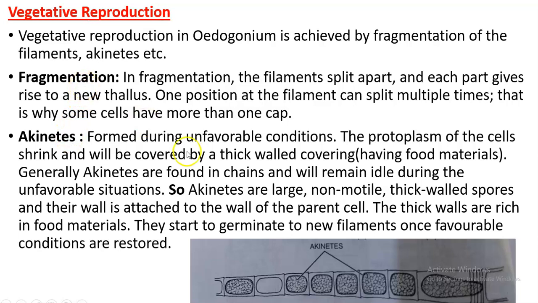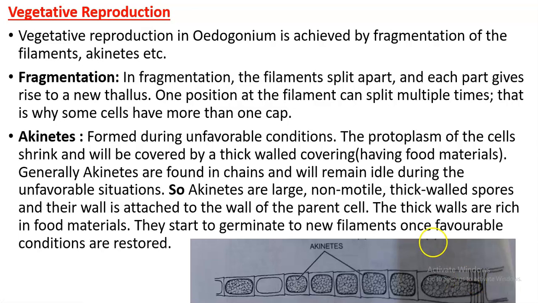Fragmentation means what? From the cap area, imagine, this is a cap. From this cap area junction, one particular cell gets fragmented and split apart from the main filament body, and that fragment will form a new thallus.